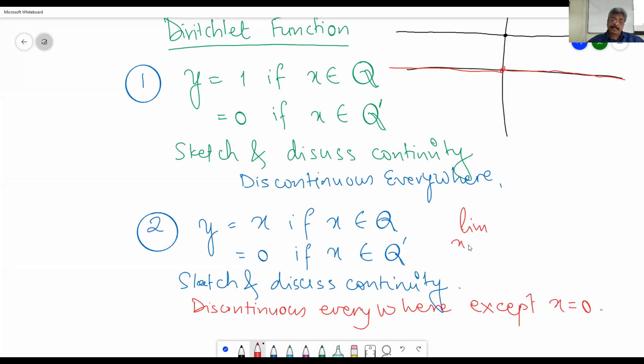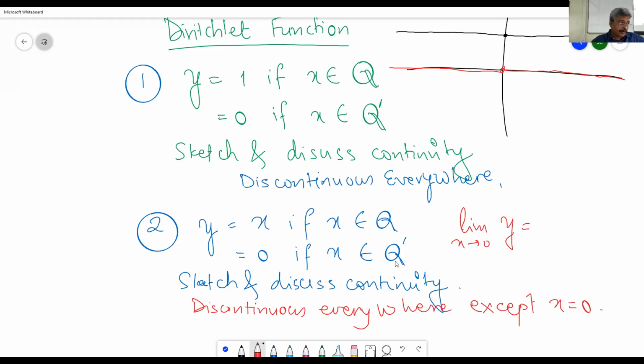Limit x tends to 0, y. Now the value of the function, if you have rational numbers in the delta neighborhood of 0, is going to be x. So in the delta neighborhood, the value of the function is whatever they are, and they are anyway near 0, therefore the value is going to be very, very small. For all practical purposes, it will be tending to 0.